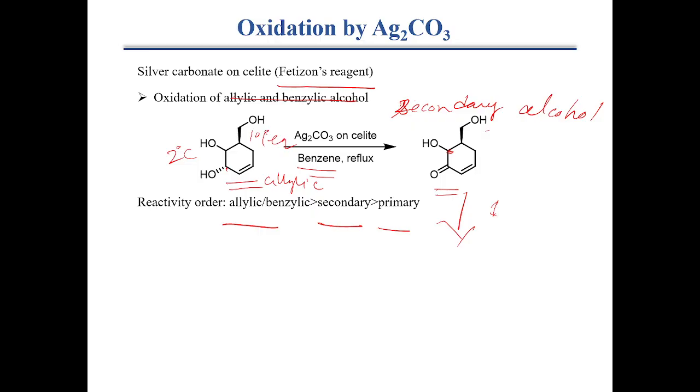Next, I discussed the silver carbonate on celite mediated oxidation. This is nothing but Fetizon's reagent. In this, allylic or benzylic alcohol is oxidized first, then secondary alcohol, then primary alcohol. So this is the selectivity order.